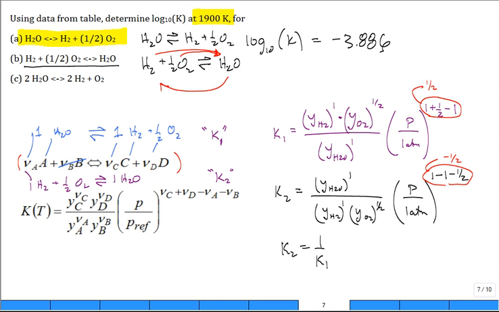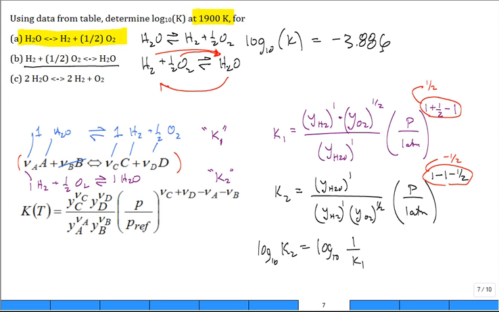How many people agree? Now on a log basis, if I take the log of 1 over K1, if I take the log base 10 of both sides, is that equation still true? Sure.